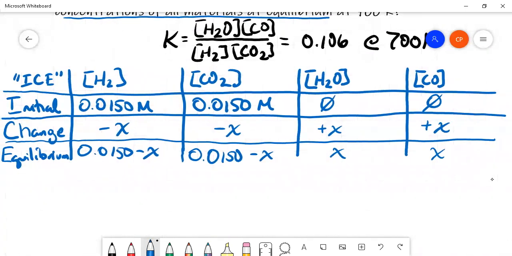For those of you who dislike the algebra, here's the worst news. These are the quantities or the expressions that I have to plug into my equilibrium formula up here.